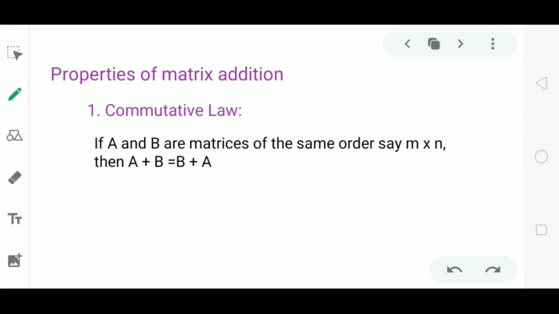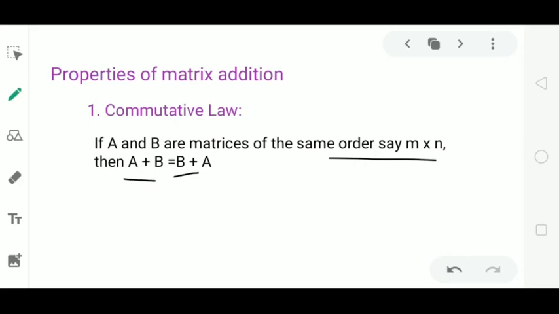Similarly, addition of matrices also satisfies some properties. Let us see the properties which are satisfied by addition of matrices. First one, commutative law. If A and B are matrices of the same order, then A plus B is equal to B plus A.